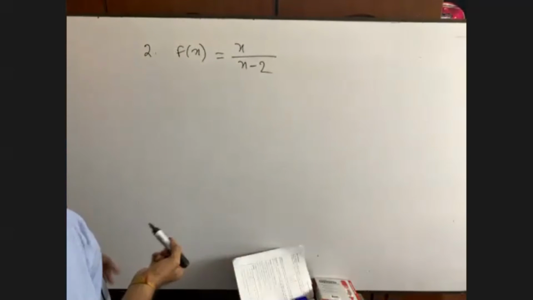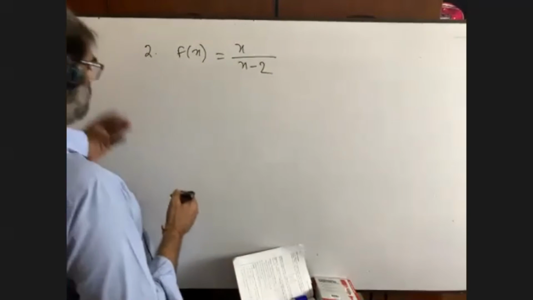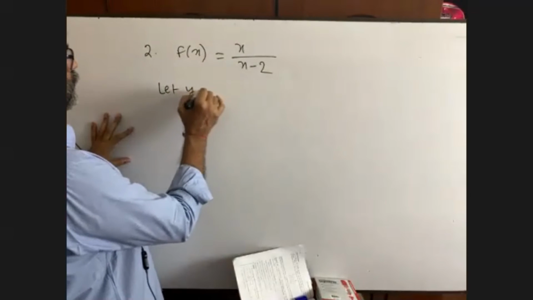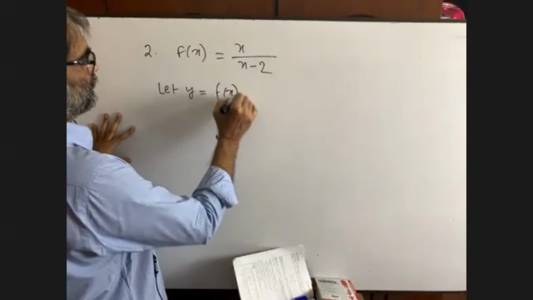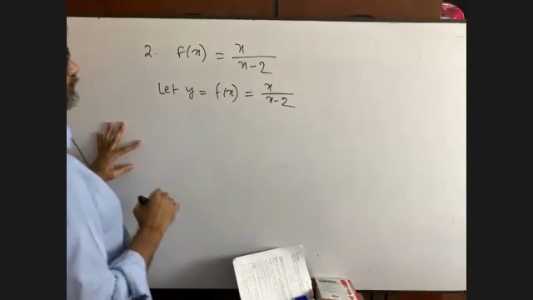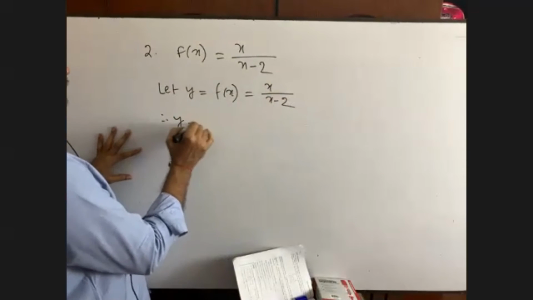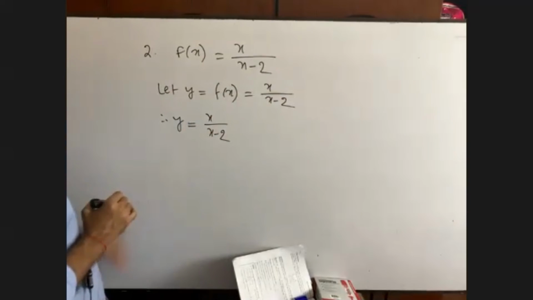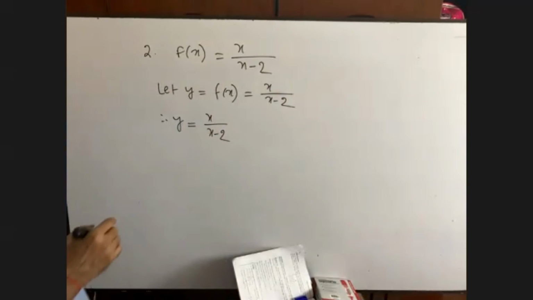Okay, so what will you do? Write down at first, let y equal f of x, which is equal to x by (x minus 2). That means y is equal to x by (x minus 2). So what did I tell you?